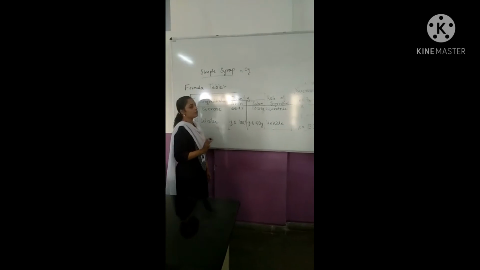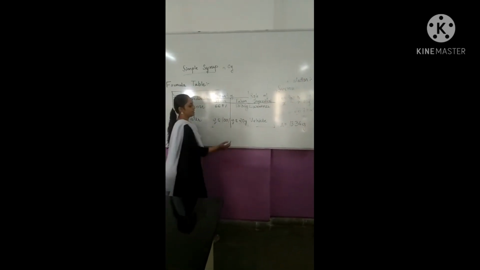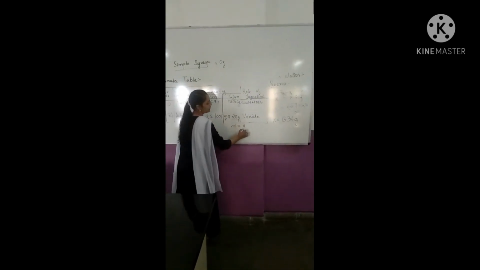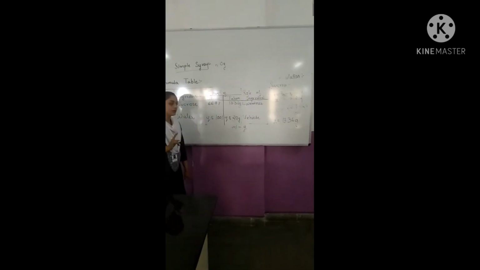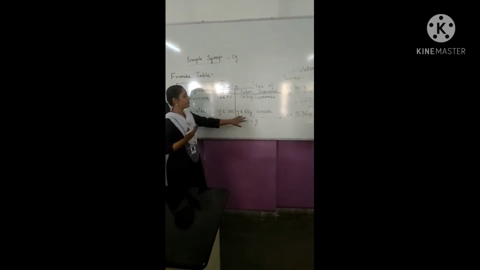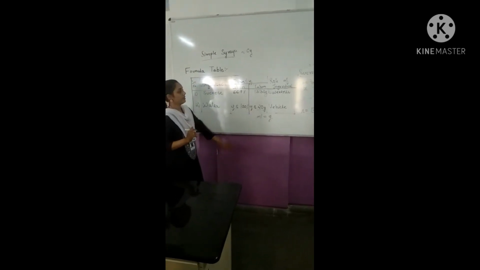So here you will say 20 grams of water. Basically ml of water and grams of water will be the same because the density is only 1. So here you can either take grams, you can measure water in grams, or you can take the volume of water.